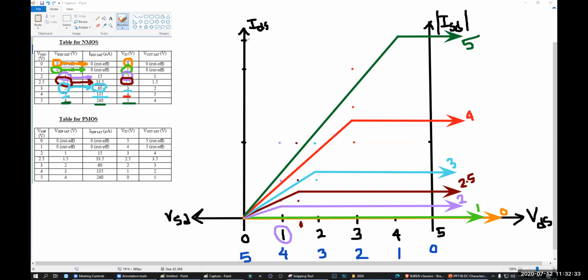I'm going to choose the green first. First of all, for 0, my current is 0. So I'm going to draw an arrow like that. This time I'm going to make it a bit smaller.